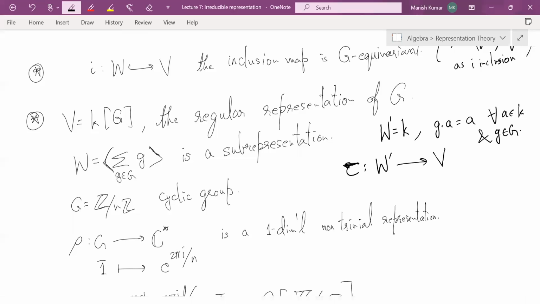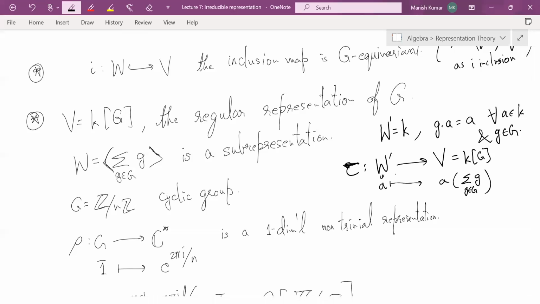W prime is the same as K, so where will an element of K go in V? V is Kg. You can send A to A times the summation of G. Of course tau is a linear map, because we are just defining a map from the field to this space.